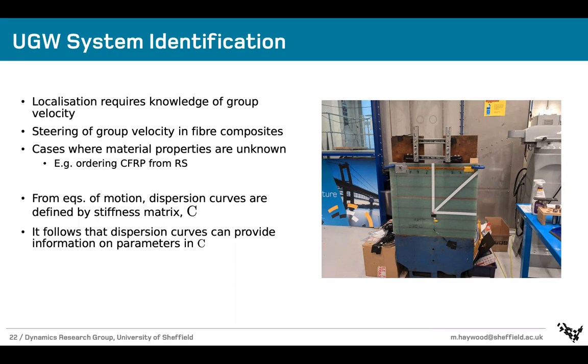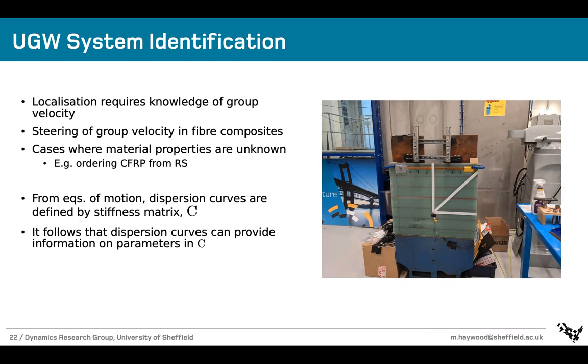So in cases where the material properties are unknown, for example, in this actual case where I got a plate from our industry partner and they didn't know the material properties and I didn't know the material properties, I couldn't really form a model. So that was essentially the motivation behind this.